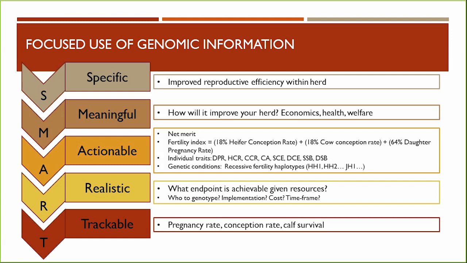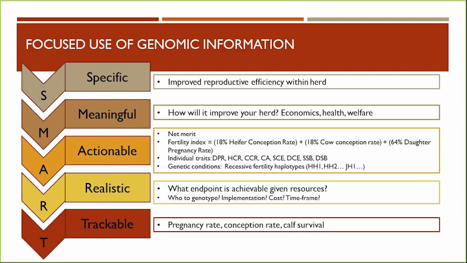From that, then you might go a little bit more focused. What this means is you might initially sort all of your animals and look for the animals that have really good net merit to the ones that have poor net merit, and you might start with some decisions there. But with that information, the next thing, maybe you're going to start sorting those animals on their fertility index if you're using Holsteins.